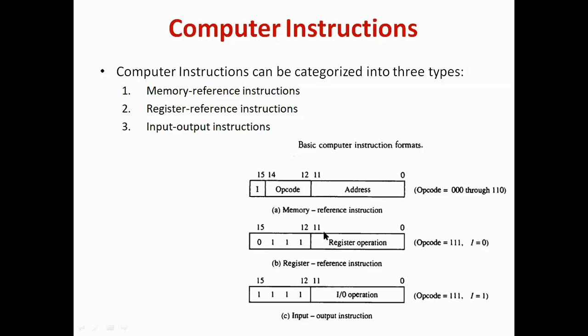If the next bit, the 10th bit, is on, that means it is the next instruction. If the 9th bit is on, it means the next instruction, and so on. At that time, all other bits will be 0, only that bit will be 1.